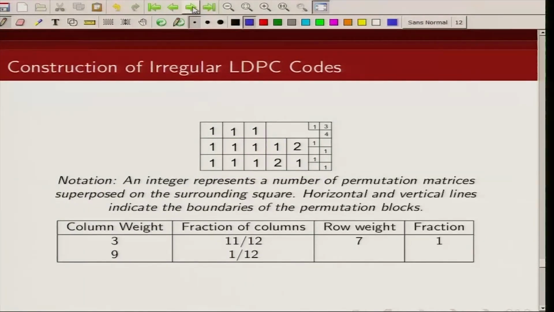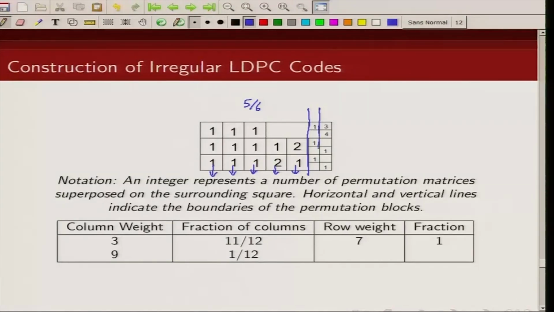This is another construction. You can see here again I am ensuring that each of the columns has weight 3. So, up to this point 5/6 of the columns have weight 3. Now, I need another 1/12 of columns which have weight 3.